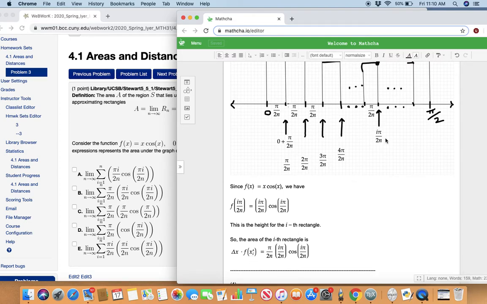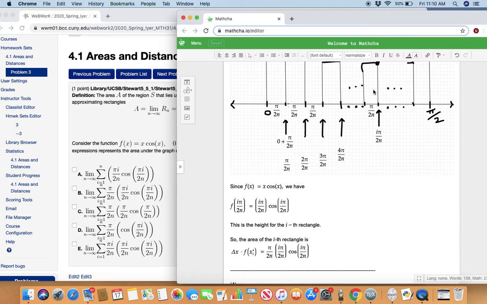So pi over 2n represents width, and f of my chosen number, i pi over 2n cosine i pi over 2n, represents the height. All of this together represents the area of one rectangle.